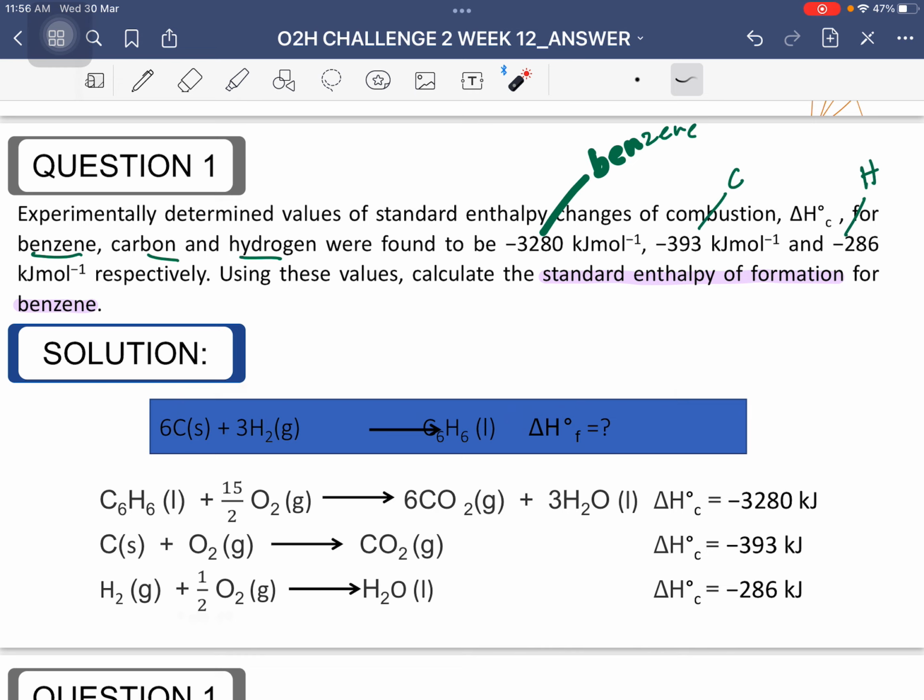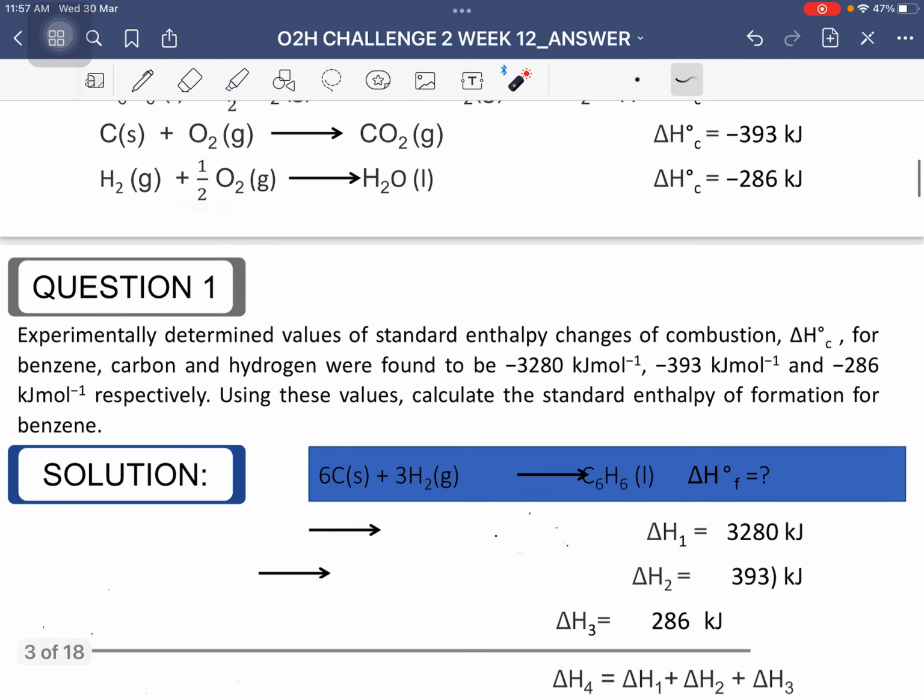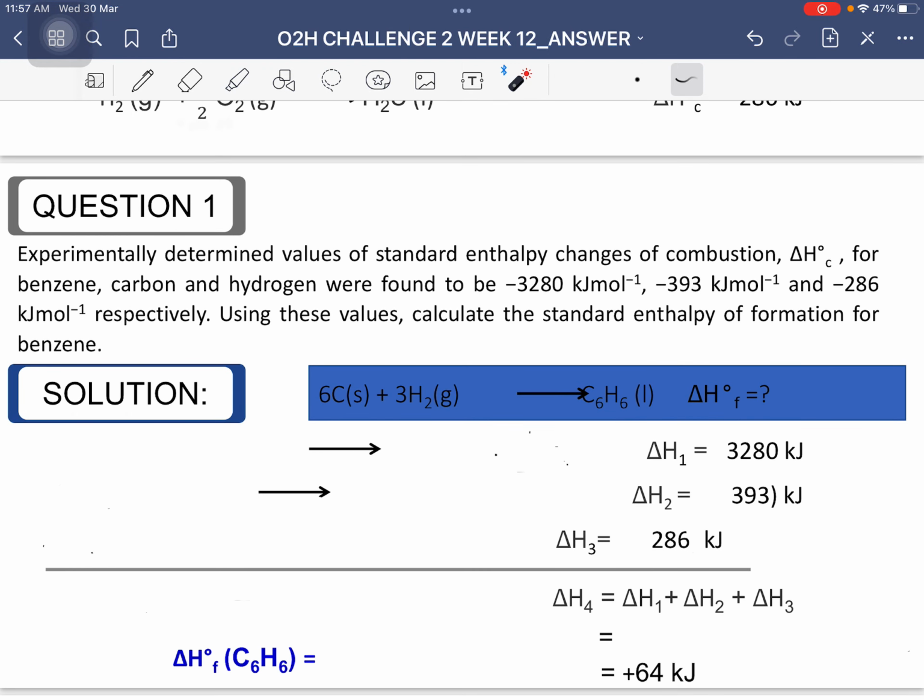So we are going to use the algebraic method, applying Hess's law, to find this enthalpy change when we have 3 thermochemical equations.